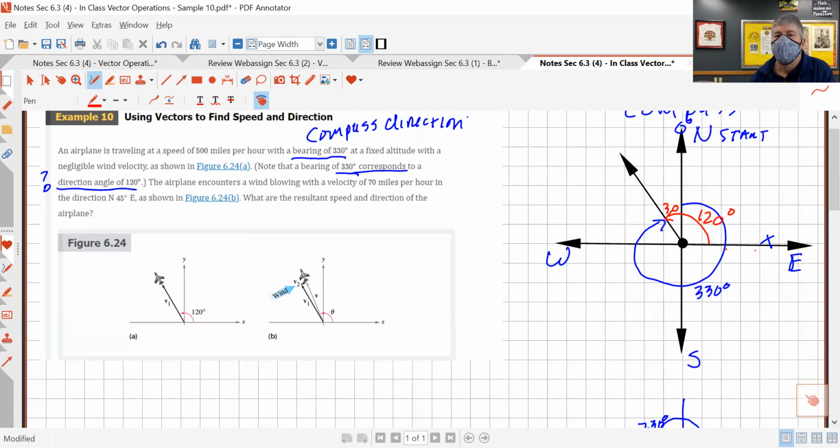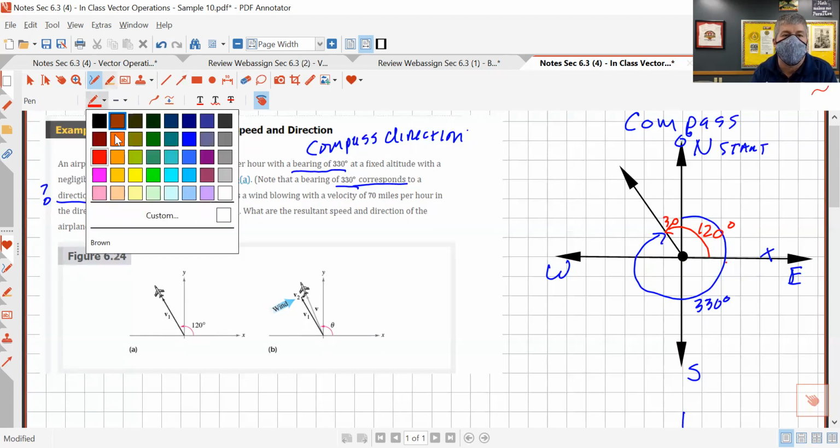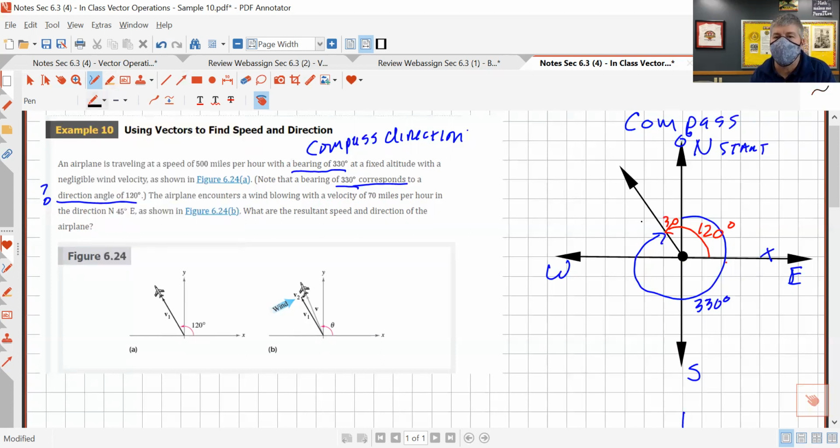All right. So we got our plane. Our theta is 120, right? And the airplane encounters a wind blowing at a velocity of 70 miles an hour. I might as well put the plane's velocity. What was the plane's velocity? 500? Okay, so is it fair to say that this black vector is the vector of our plane?